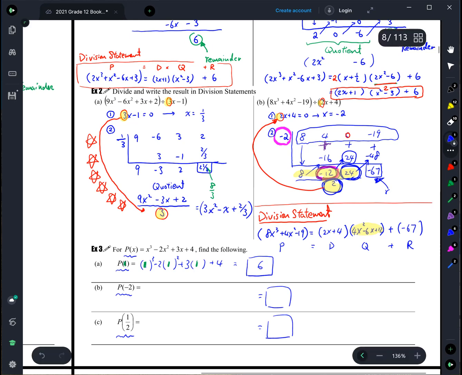If you are plugging into your calculator, make sure you have brackets, okay? Because you have negatives, right? You have fractions. You need to keep everything in the right exponents, into the x.